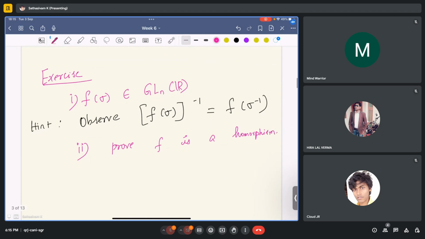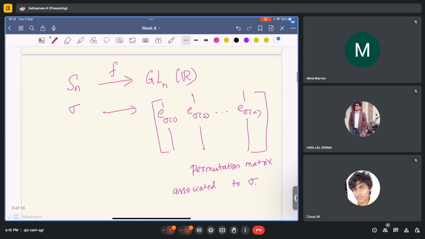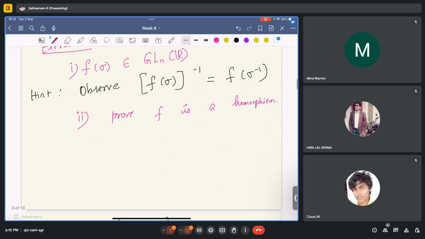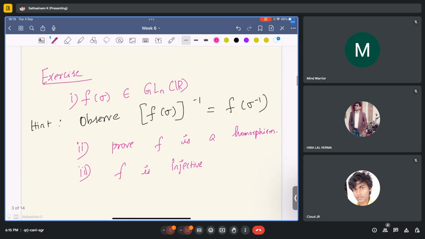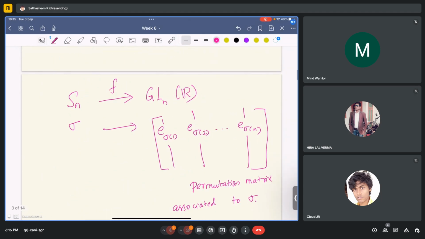And the other thing that you prove is F is injective. Okay. So what you want to prove is that this is an injective homomorphism. It's not hard to prove. You can try and see. You just find what is the kernel.